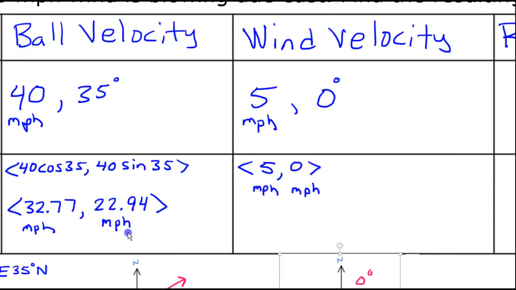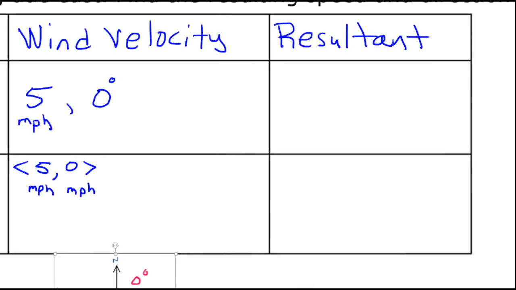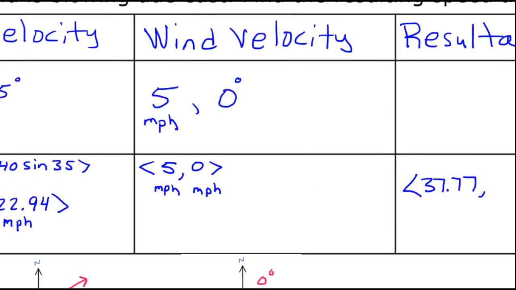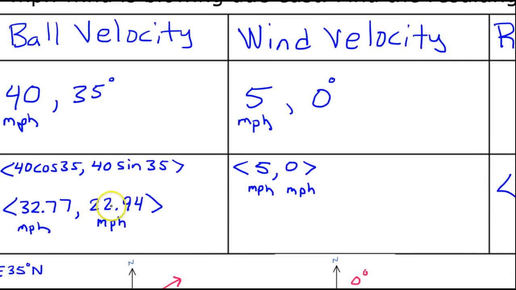So I'm just going to add 32.77 with 5. So that's going to give me 37.77. And then, of course, I'm going to add 22.94 and 0, those vertical components.